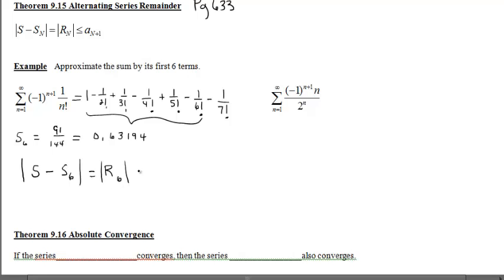And then that remainder is going to be less than or equal to the 7th term, the first neglected term, which is 1 over 7 factorial, and that is actually 1 over 5,040.